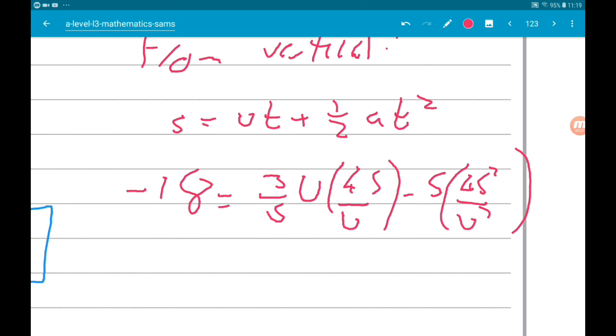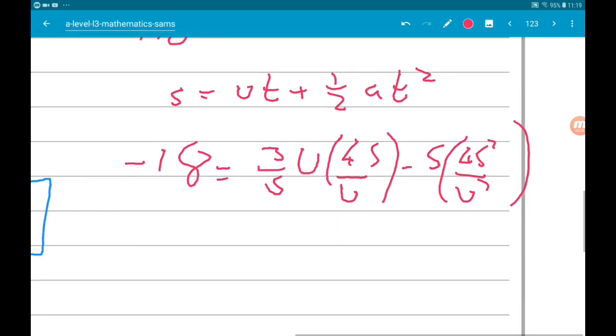Okay, so we have minus 18. Now, in this first term on the right, the u's cancel. 3/5 of 45 is 27. So we have minus 18 is equal to 27 minus.